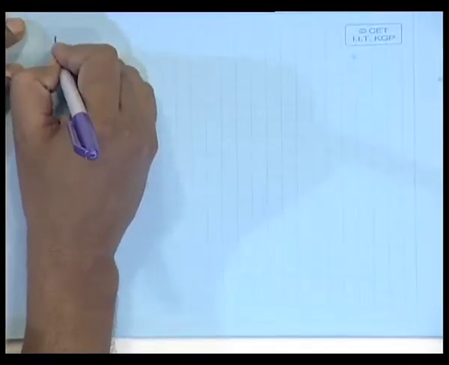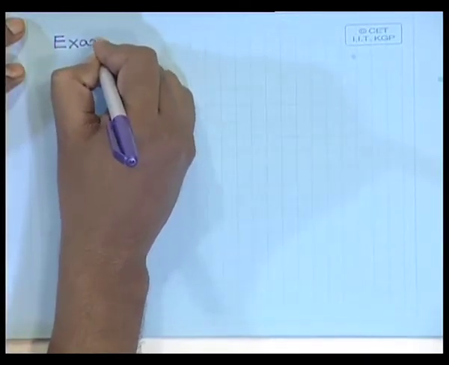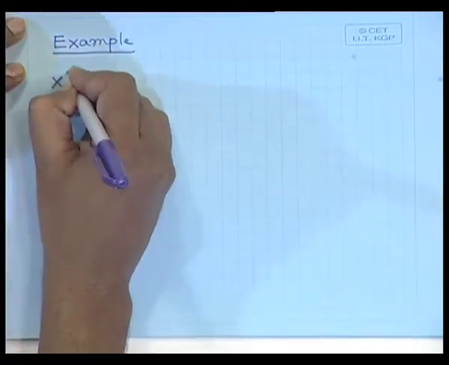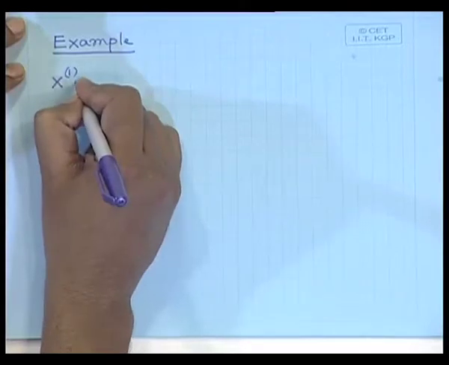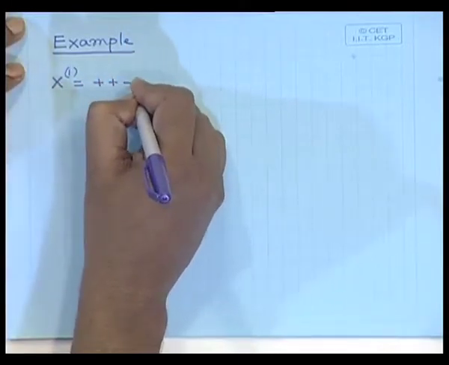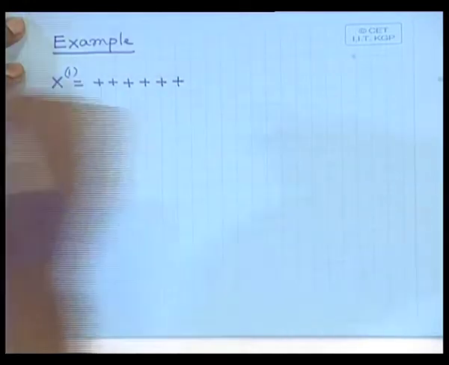Okay. So, let us take a very small example to see how these weight vectors are really assigned. Let us say I have 3 feature vectors. One is x1, a 6-bit feature vector.